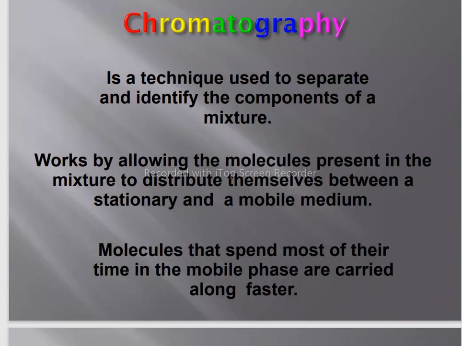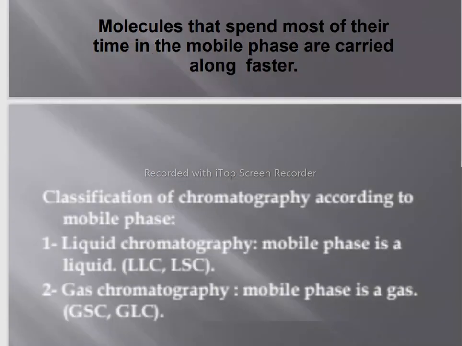Chromatography is a technique used to separate and identify the components of a mixture. It works by allowing the molecules present in the mixture to distribute themselves between a stationary and a mobile medium. Molecules that spend most of their time in the mobile phase are carried along faster.